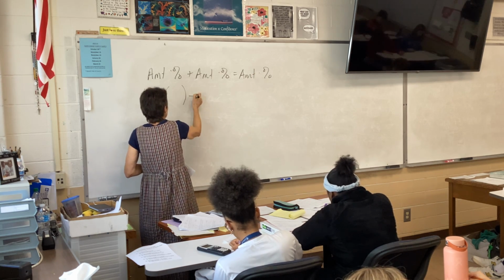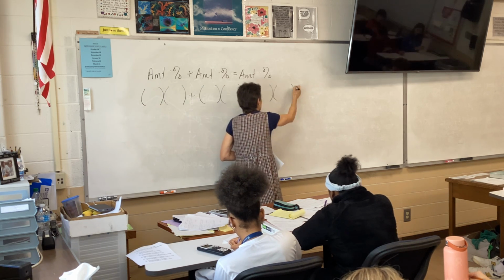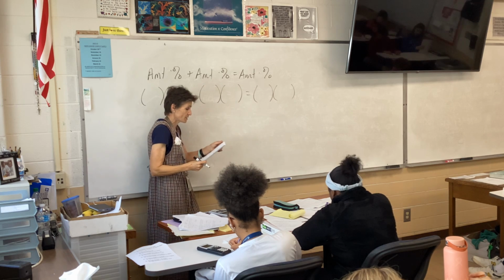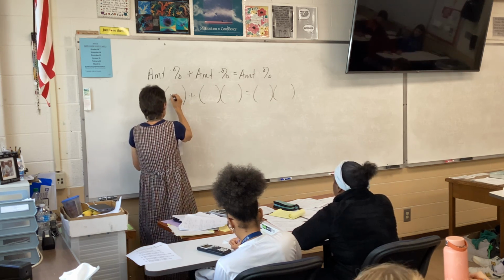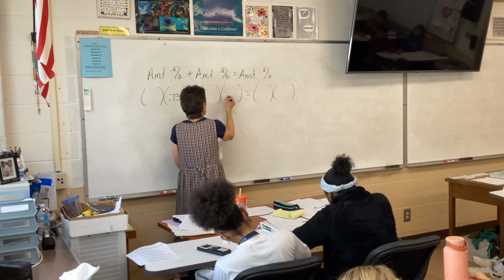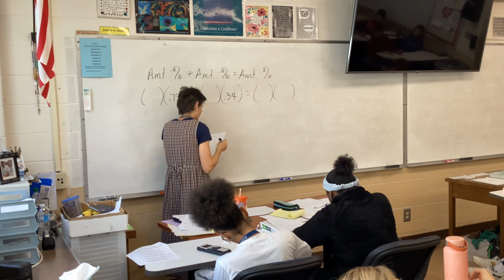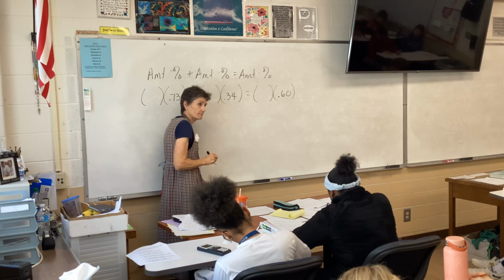So I've got these 6 things, 3 amounts and 3 corresponding percentages. So I'm going to put them in: 0.73, 0.34, and 0.60. Everybody got that?